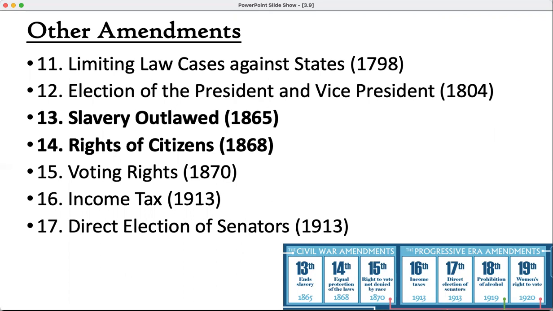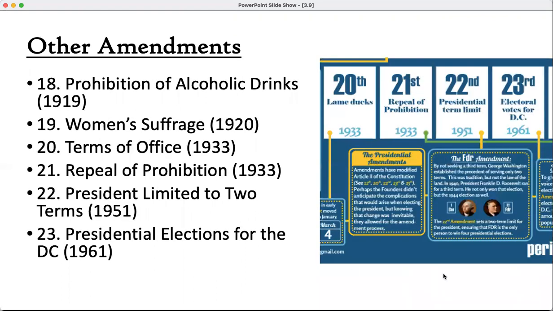16th Amendment is income tax. 17th Amendment, direct election of senators. 18th Amendment, prohibition. 19th Amendment, women's suffrage. 20th Amendment, terms of office. It talks about lame duck presidents.